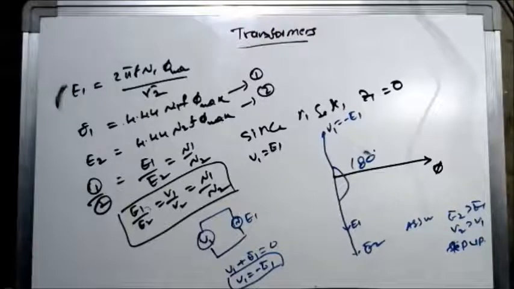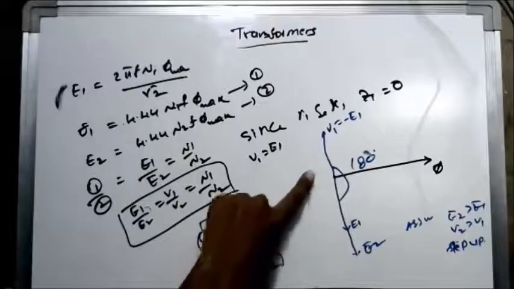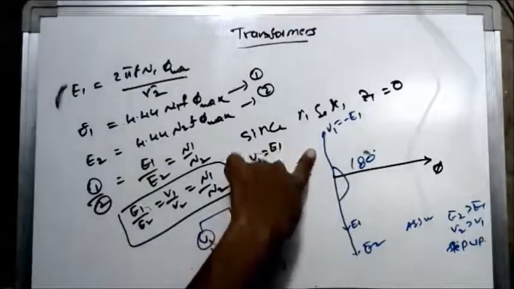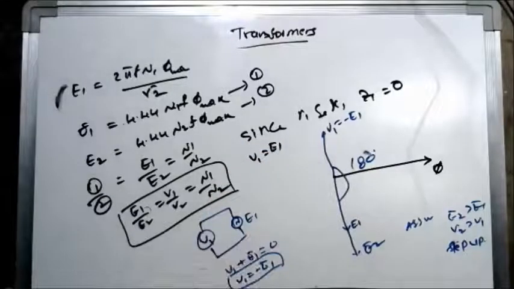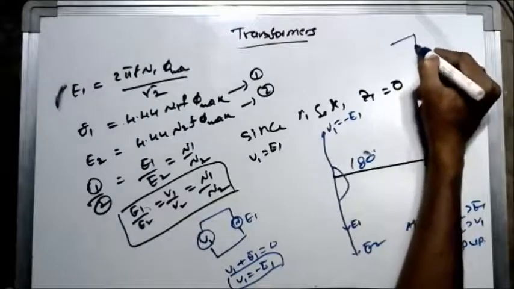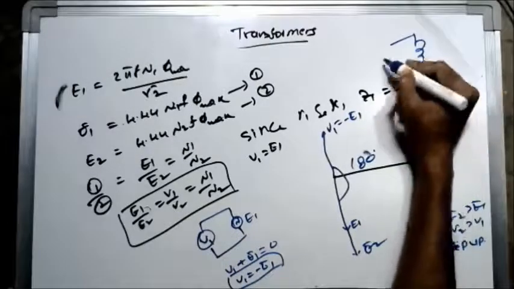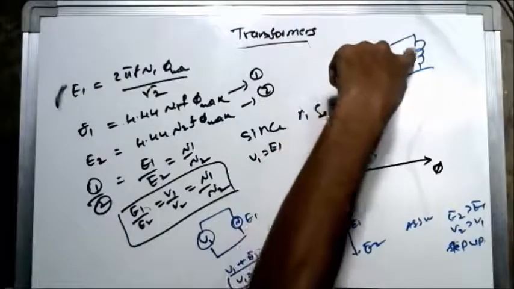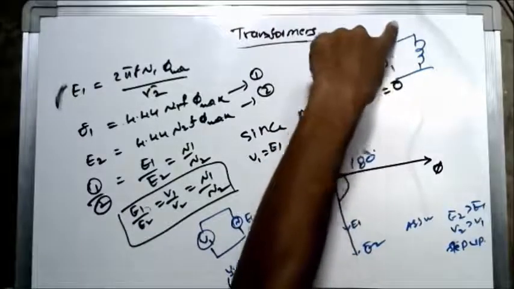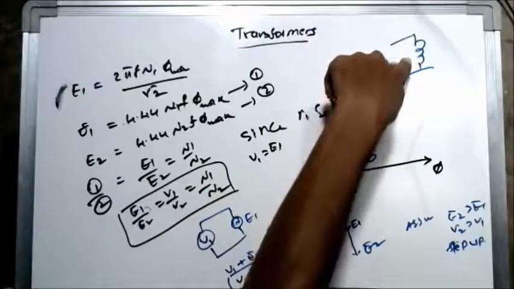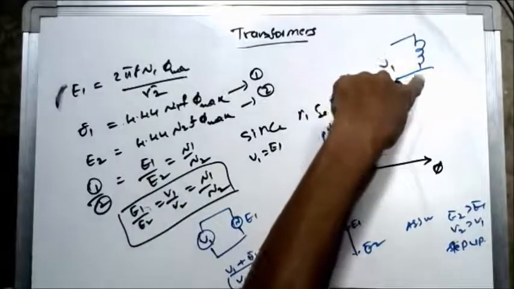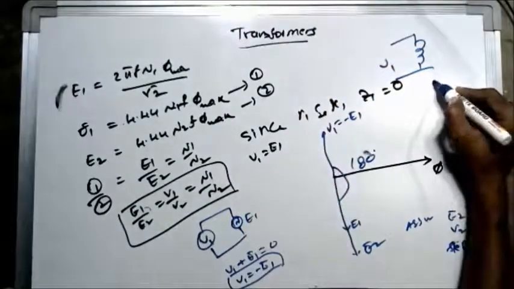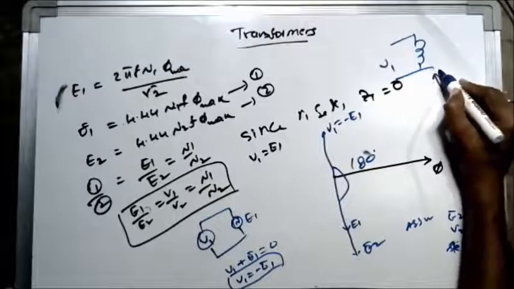This can be analyzed in the other way also. If you apply the voltage V, because of the inductive nature, the current I will lag the voltage by 90 degrees.